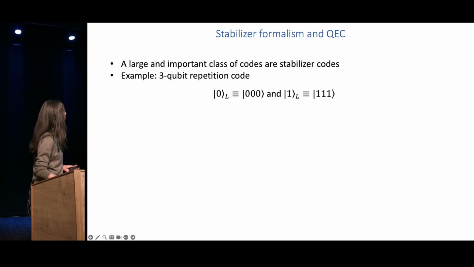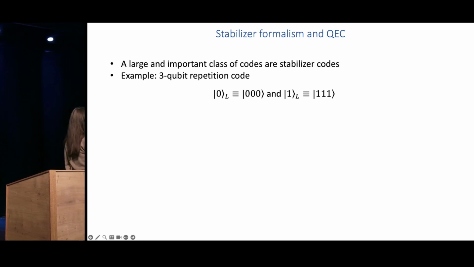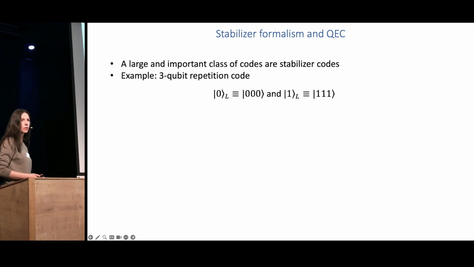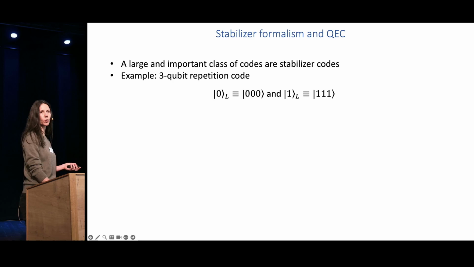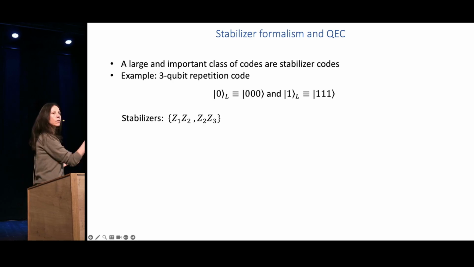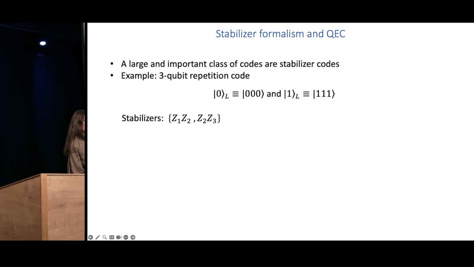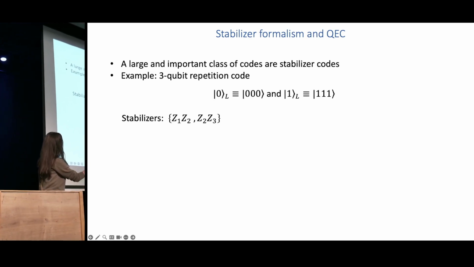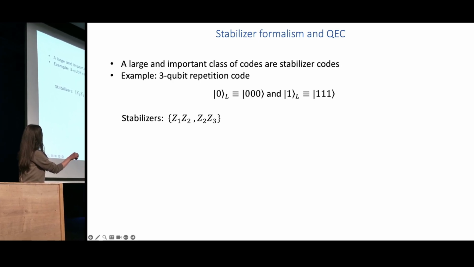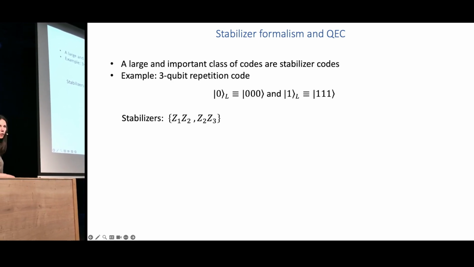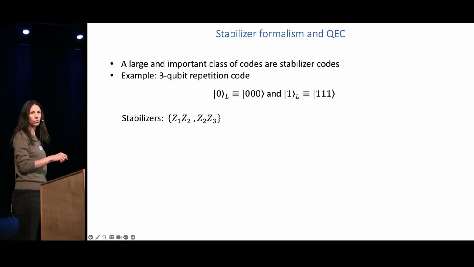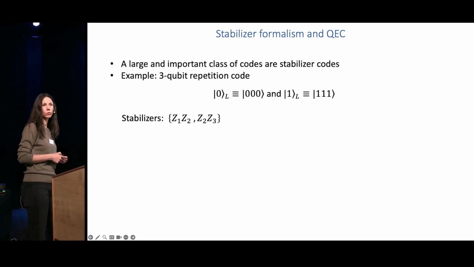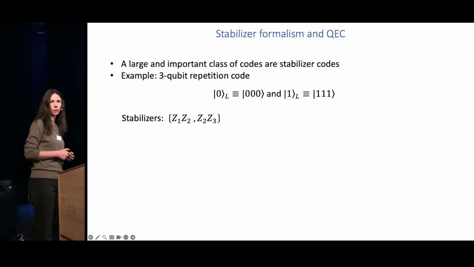And then what are the stabilizers for the subspace? It's really similar to the previous one. It's, again, products of Z's, right? Because here I'm checking whether these two agree and whether these two agree pairwise, right? So these are generators. If I multiply them together, I'll also get Z1 Z3, which is of course also a stabilizer of the state.